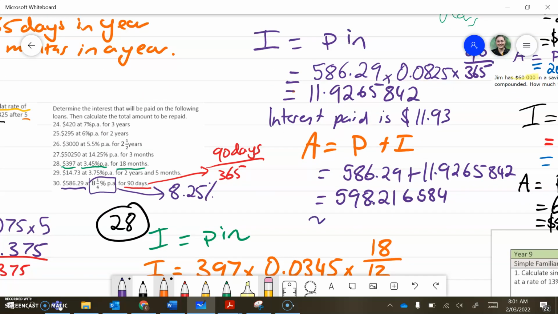Then we round it. So it's approximately $598.22. We have a look at what is our third decimal, and then that tells us whether we go up or leave it the same. So 598.22 would be our total amount repaid on that question 30.